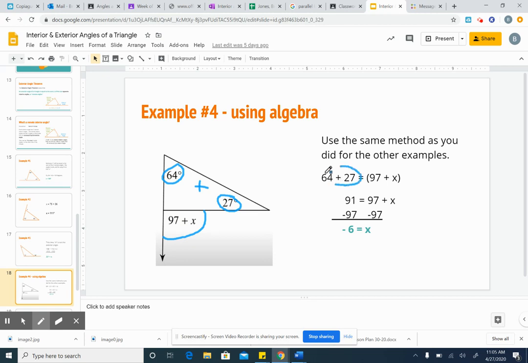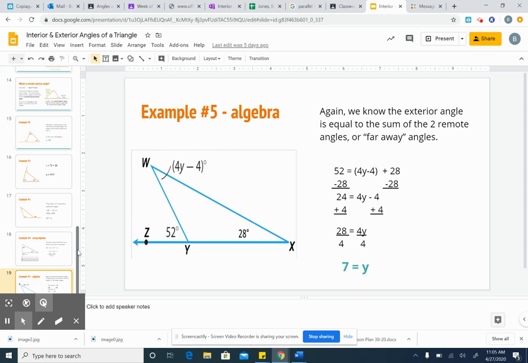So combine these like terms. You get 91 equals 97 plus x. Now you can remove the 97 from both sides. And you're left with x equals -6. Okay, it's not often that you'll see negative numbers, but it just happens to be for this example, x is -6.